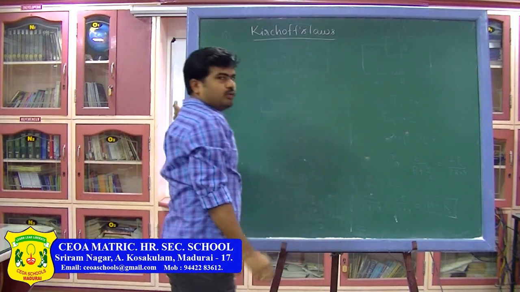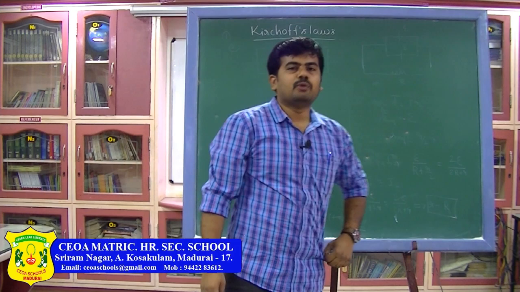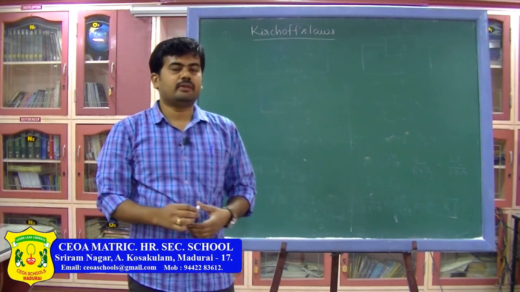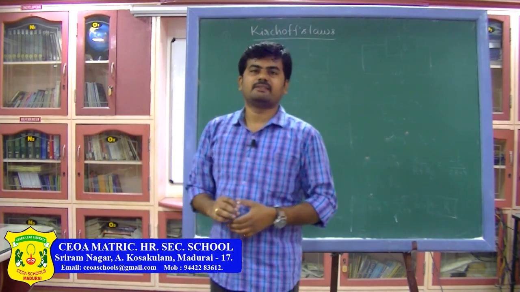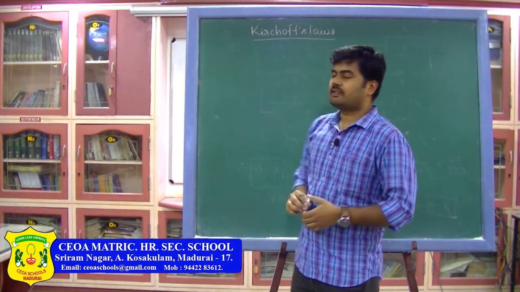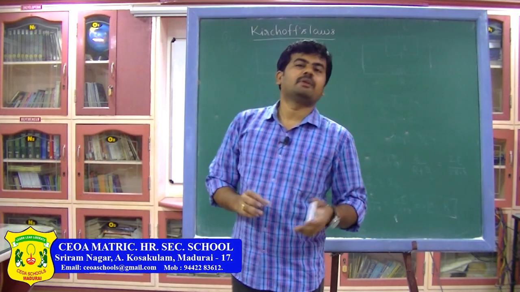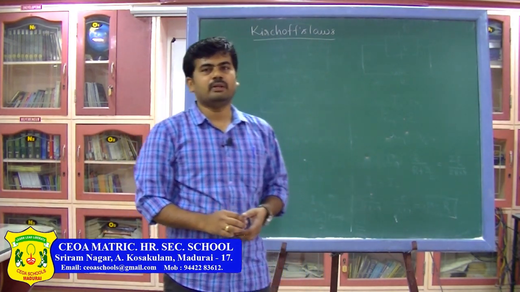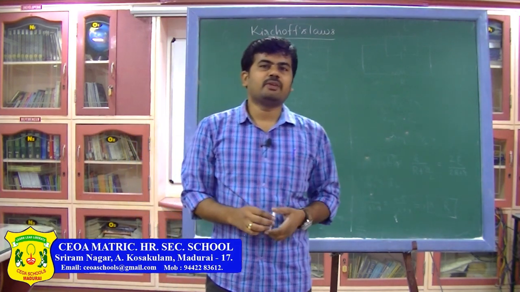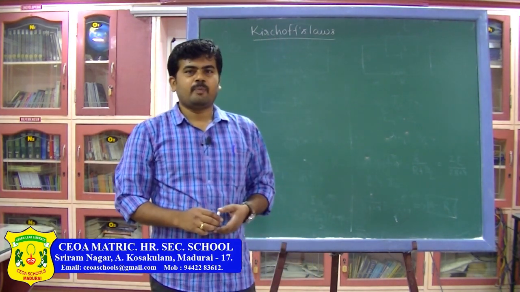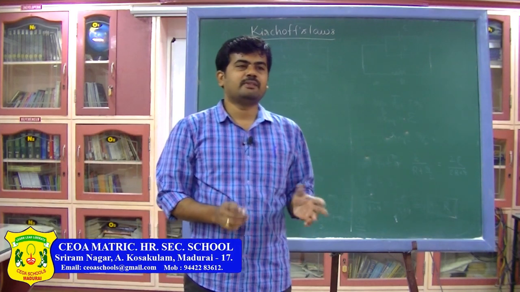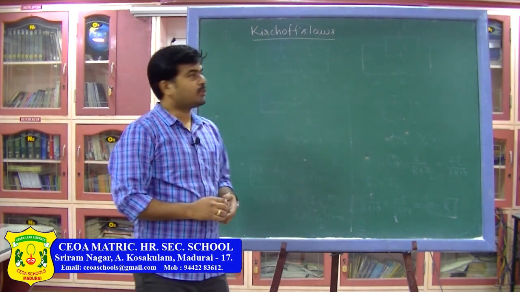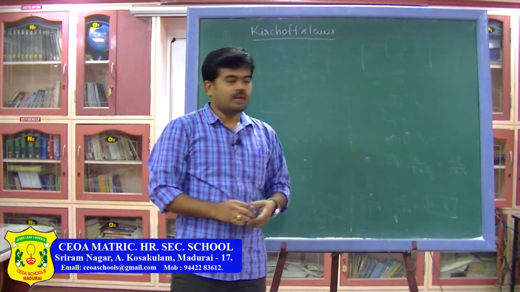So far we studied Ohm's law. This Ohm's law provides us the way to solve simple electrical circuits, like a circuit having one cell and some simple combinations of resistors. Those circuits you can solve easily by using Ohm's law, but if the circuit has more than one cell or more than two cells, then in such circuits it is very difficult to find the current values and the potential difference values by using Ohm's law.